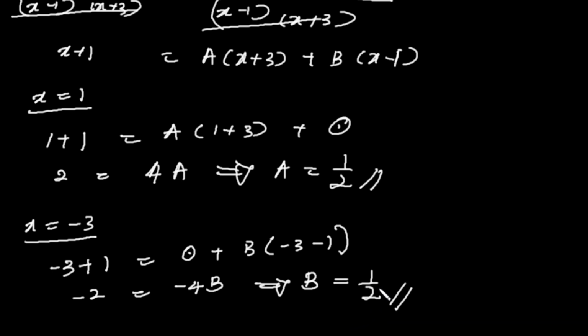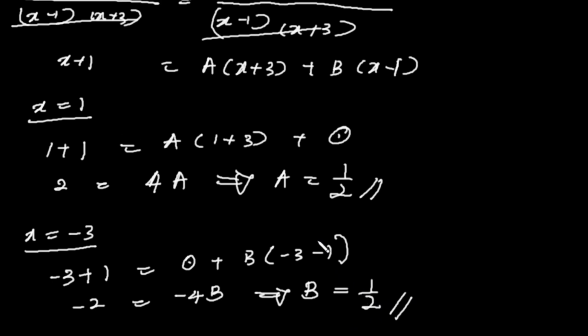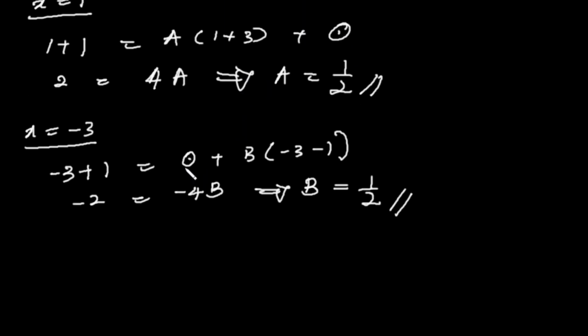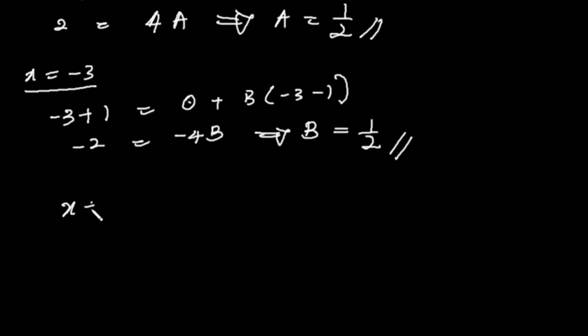So you have two values for this. Now you can substitute them here. Our question is x plus 1 over x minus 1 times x plus 3.